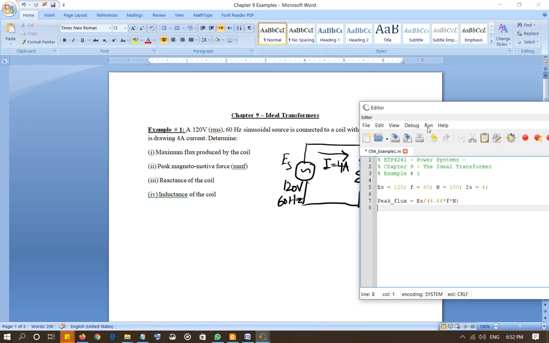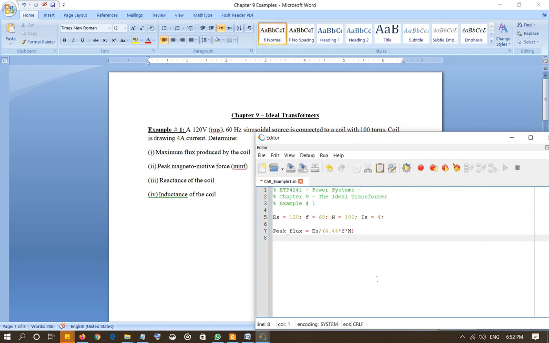So let's go back. Peak MMF equals square root of 2 times IS, that would be the peak value of the current, times number of turns N.